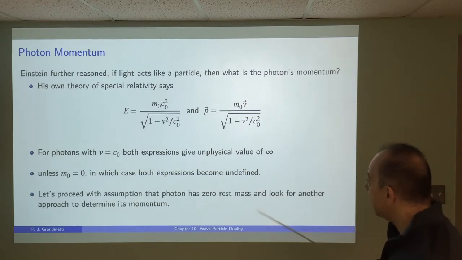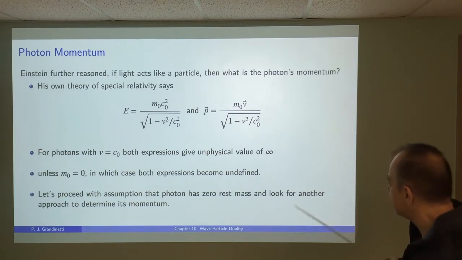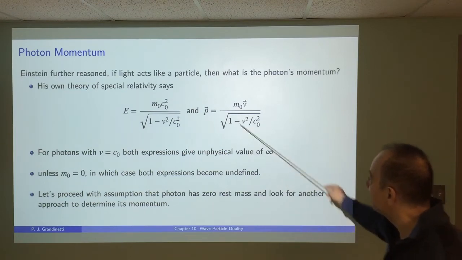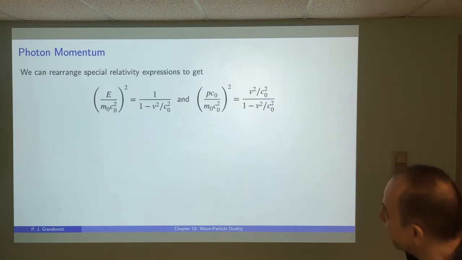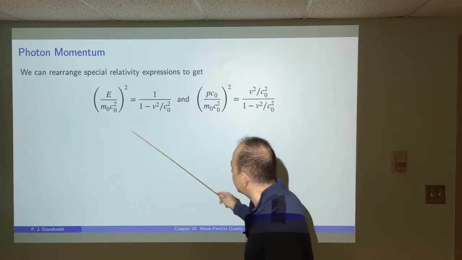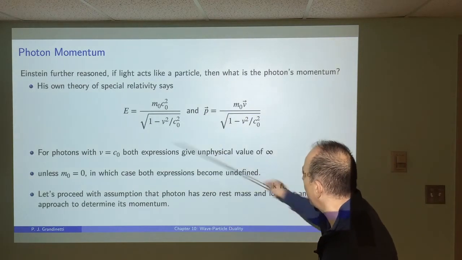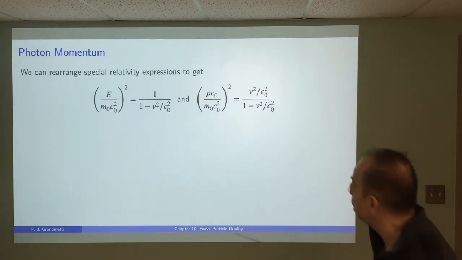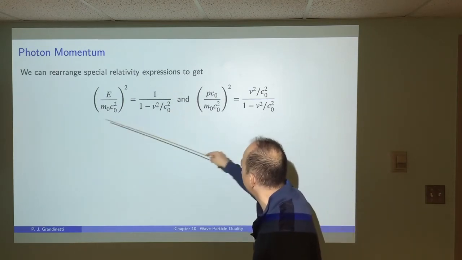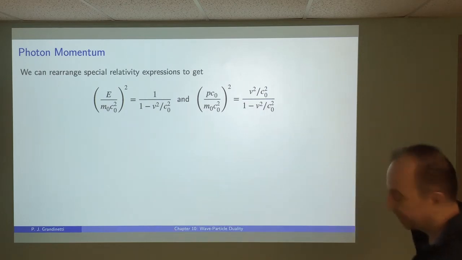So what he's going to do then is continue with this idea that the photon must have a 0 mass and look at another way to figure out what its momentum is. So we're going to take those two equations that we just had and rearrange them. If you go back to the previous slide, take both sides and square them, then move the denominator over, move the numerator over, and we can rearrange this so that we get this expression and this expression here.